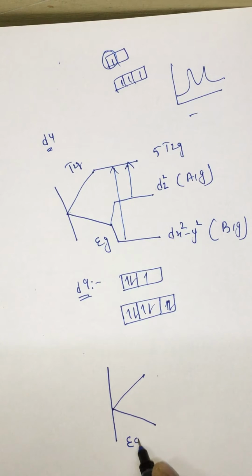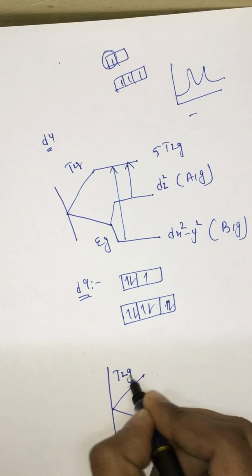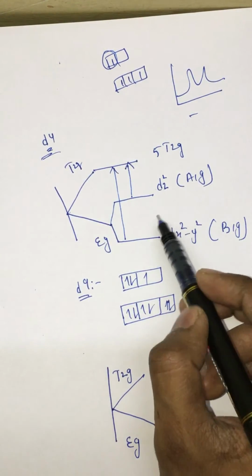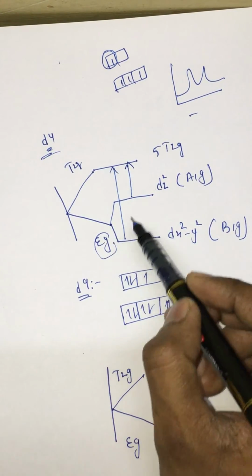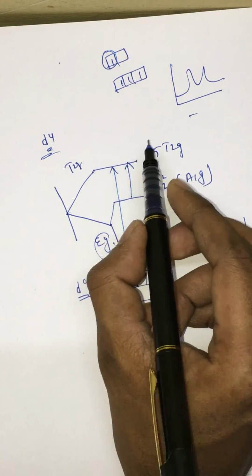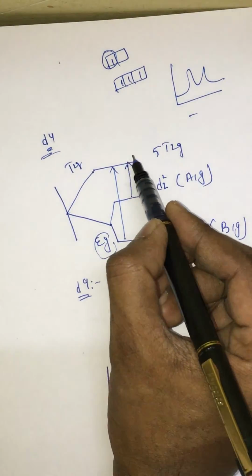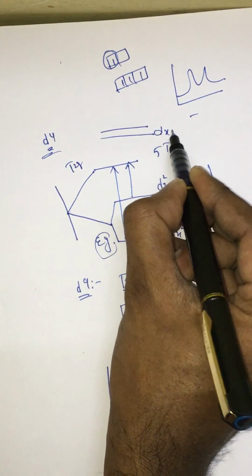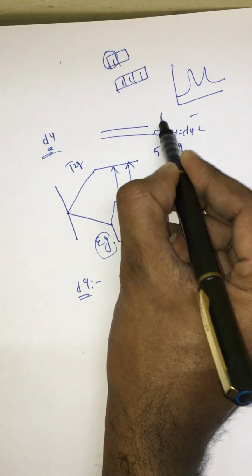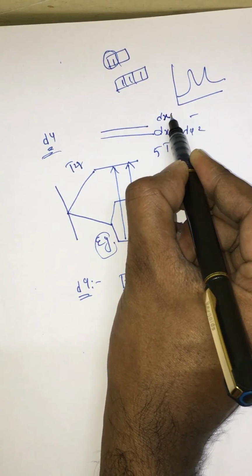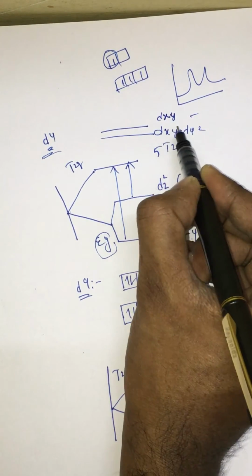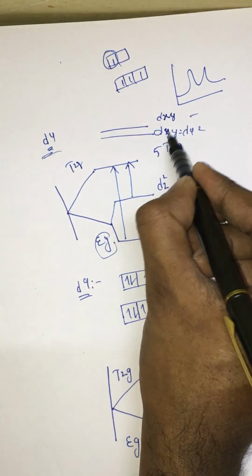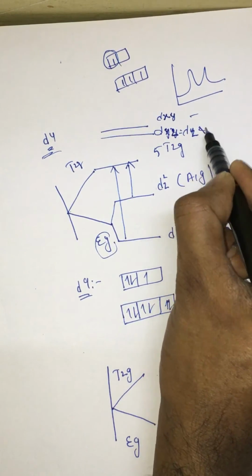So this will be Eg, this will be T2g. Because it is highly unsymmetric in nature, in d4 we see splitting of only the Eg term, but here T2g also splits into two energy states, into dxy and dyz, dzx.